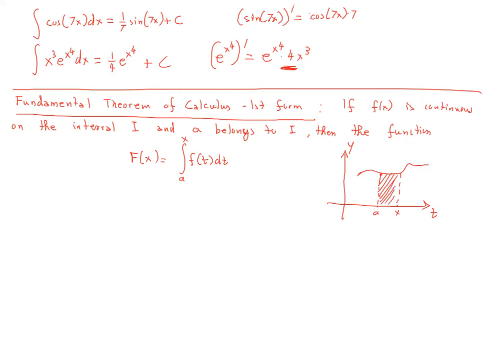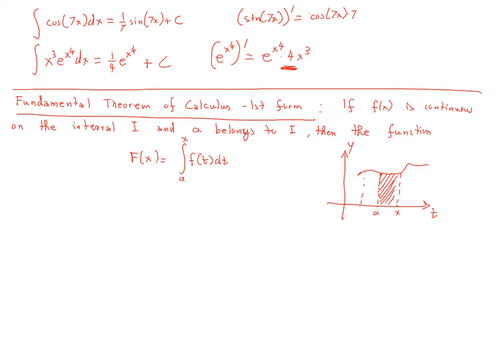So as x varies, and remember that x could even be on the left of a, this is where the fact that we can have a definite integral with lower limit larger than the upper limit kicks in.